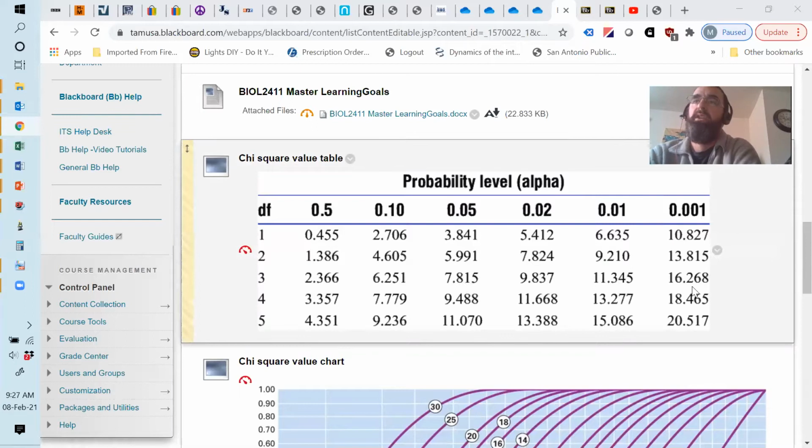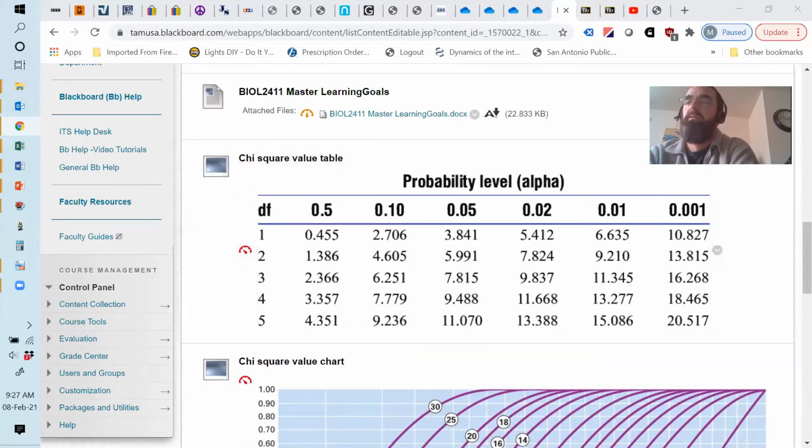So our p-value, not the chi-squared value, the p-value that we work out from that, is smaller than 0.001, right? So we would type that as p-value, p is smaller than 0.001.